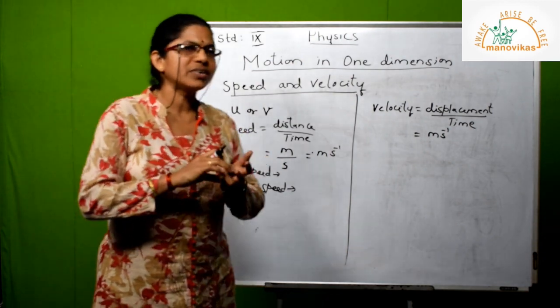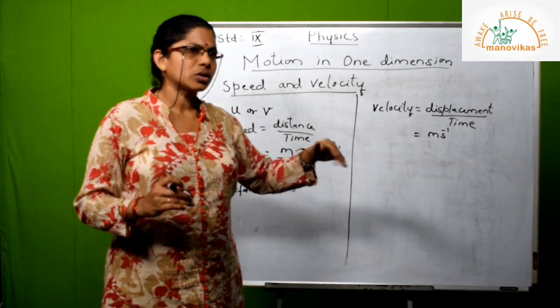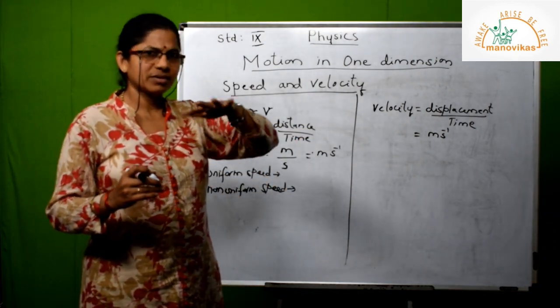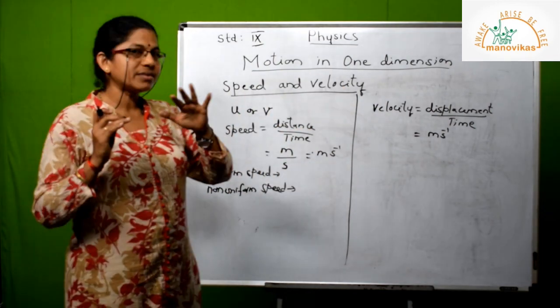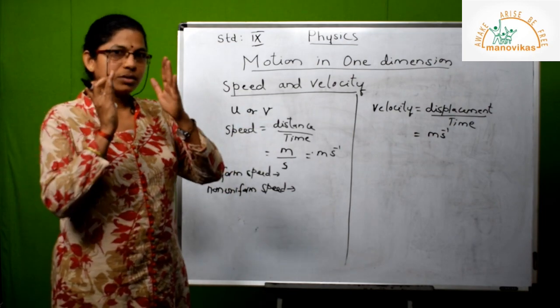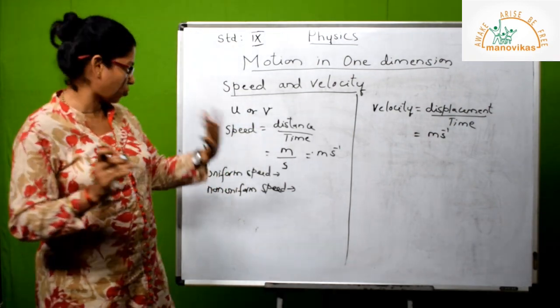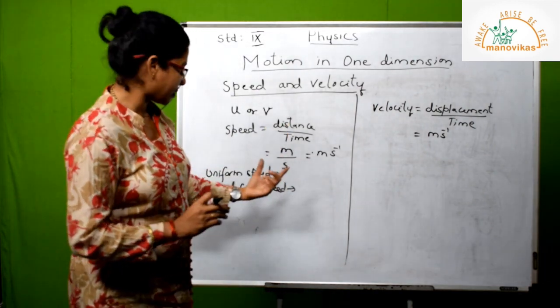An example would be a vehicle moving on a crowded, busy road, or a vehicle moving over a speed breaker. Every time, the distance covered will not be the same per second. Such a speed is called non-uniform speed.